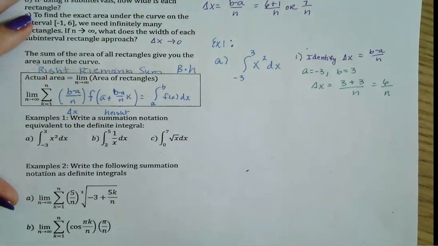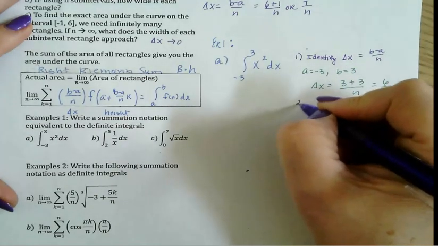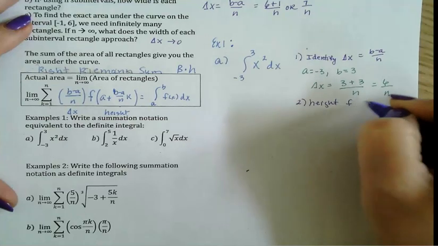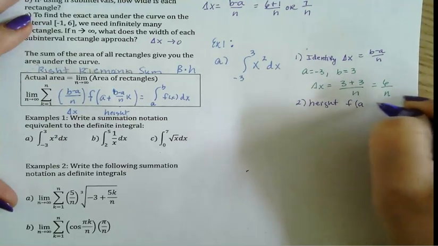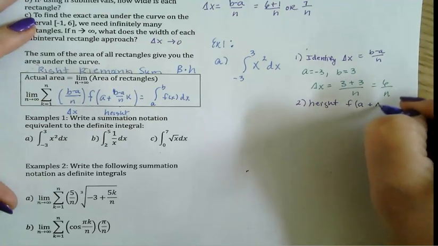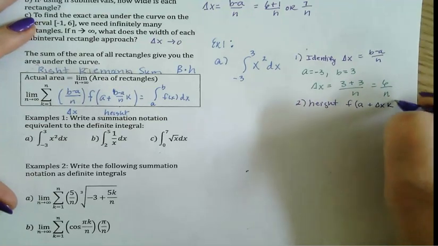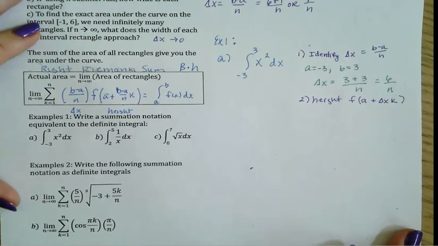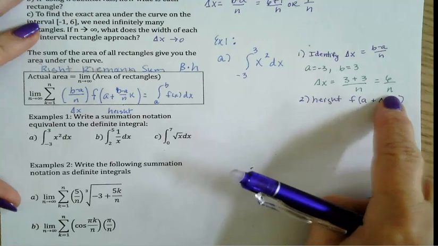And the second thing is I'm going to find my height. That's f of, we start with our lower bound, plus the delta x. All right, so we're finding that function value. Well, we've already found delta x. We found that right here.